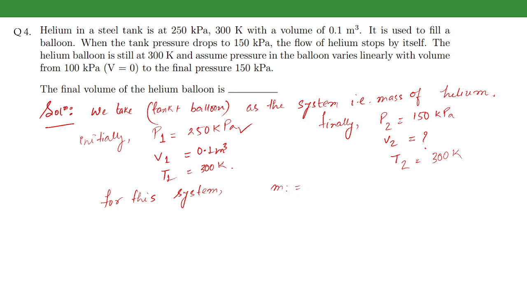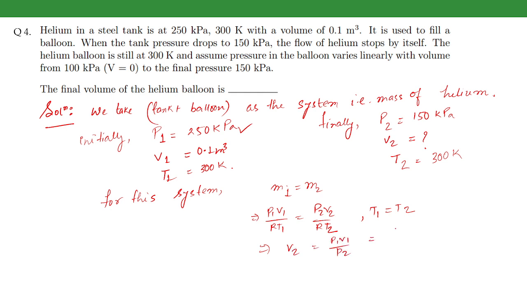Mass in the initial stage is equal to the mass in the final stage. So P1 V1 by RT1 is P2 V2 by RT2, considering the helium to be an ideal gas. So T1 is equal to T2, so V2 will be equal to P1 V1 by P2.